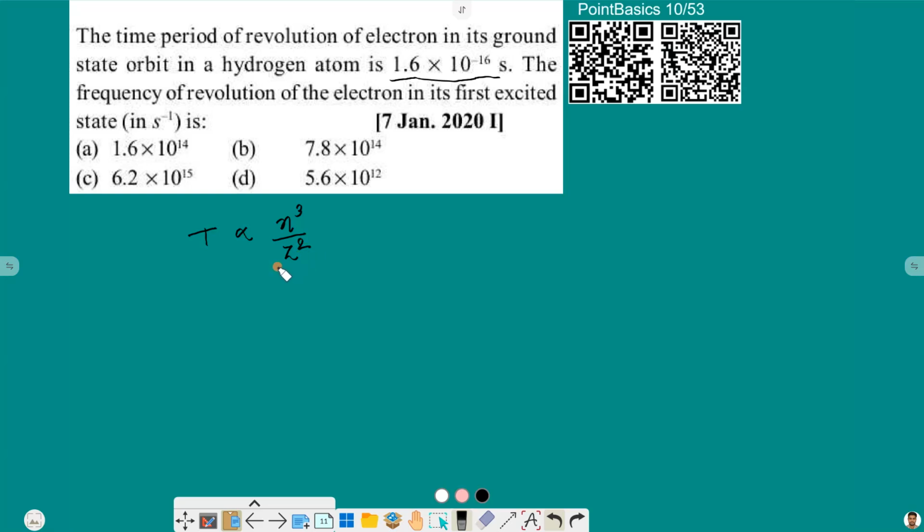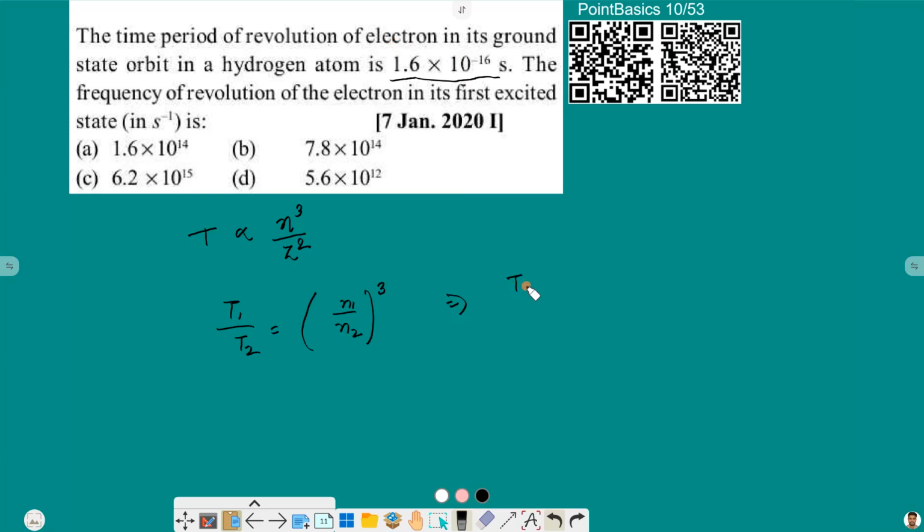So we can use this to calculate the values, and here z is the atomic number for the hydrogen-like atom or element. So from this T1 by T2 will be basically equal to N1 by N2 whole cube.